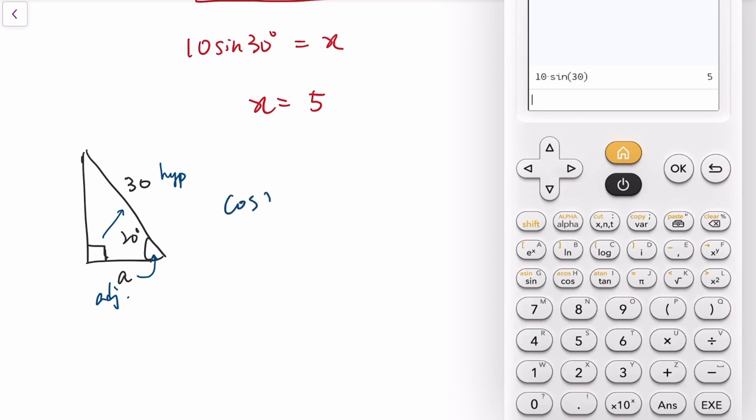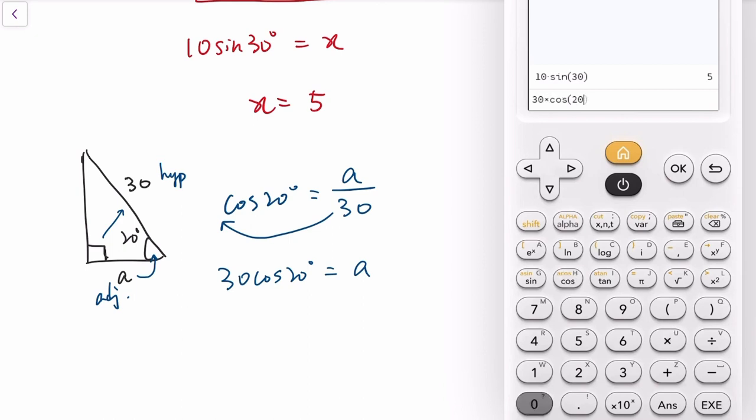So we say cosine of the angle equals the adjacent side over the hypotenuse. Then similarly, we multiply 30 to the other side, and we press the calculator. So it's roughly 28.19. It's quite often that in trigonometry you get some ugly decimals. That's okay.